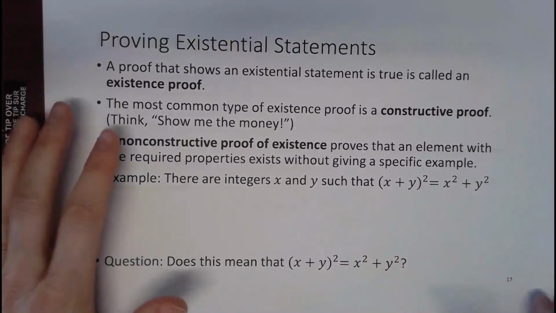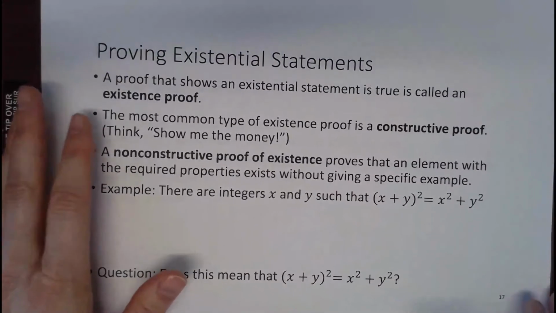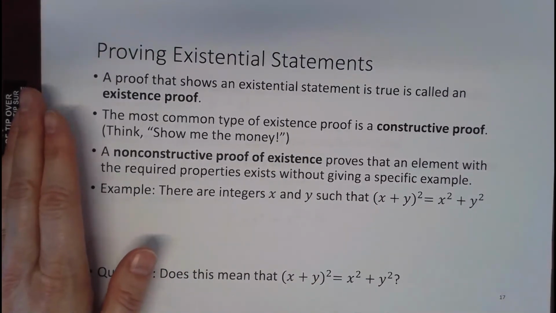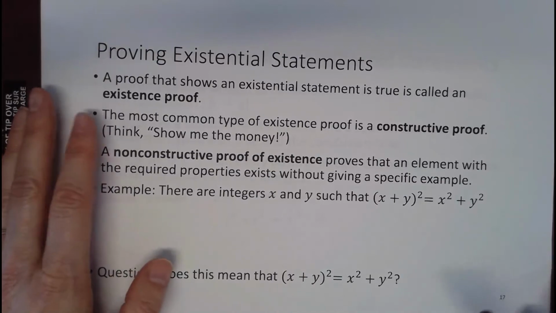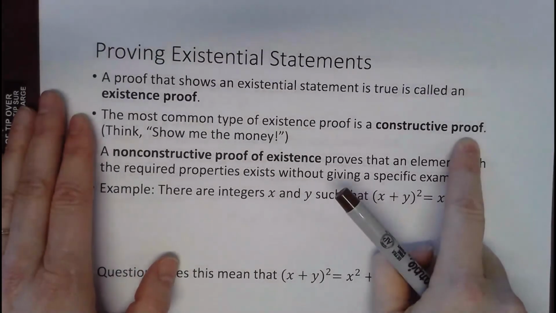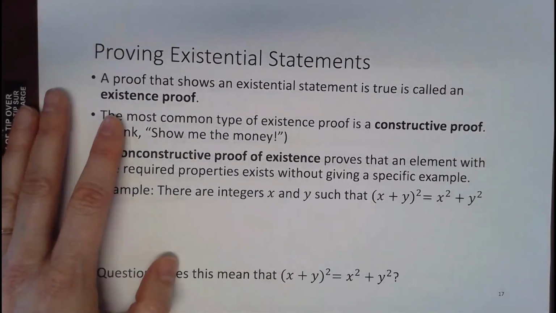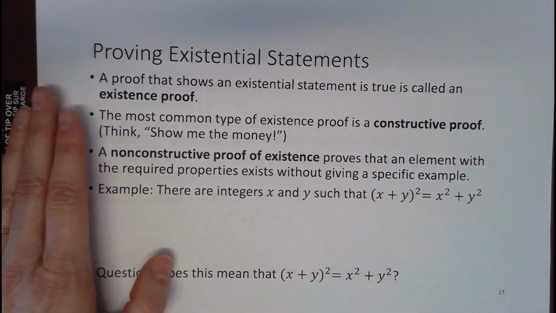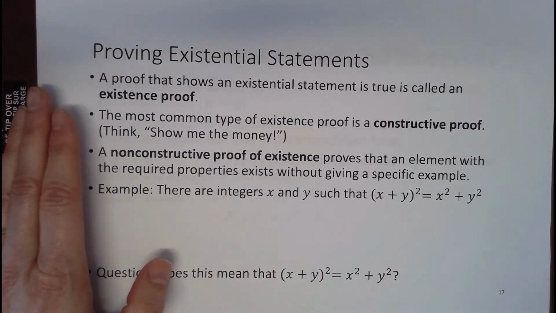Anyway, the idea here is like, oh yeah, it exists, well show it to me. That's what a constructive proof is, where we say there exists an x such that this thing is true, and a constructive proof would actually show you the x, or an x, that it's true for.